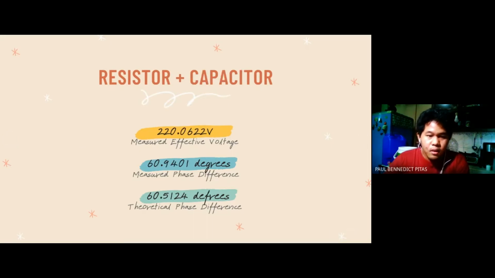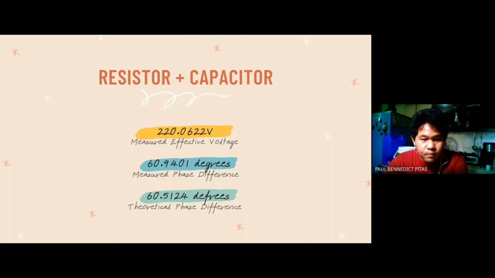For the resistor capacitor series configuration, the measured effective voltage is 220.0622 volts. The measured phase difference is 60.9401 degrees and the theoretical phase difference is 60.5124 degrees, which yields a 0.7% error.